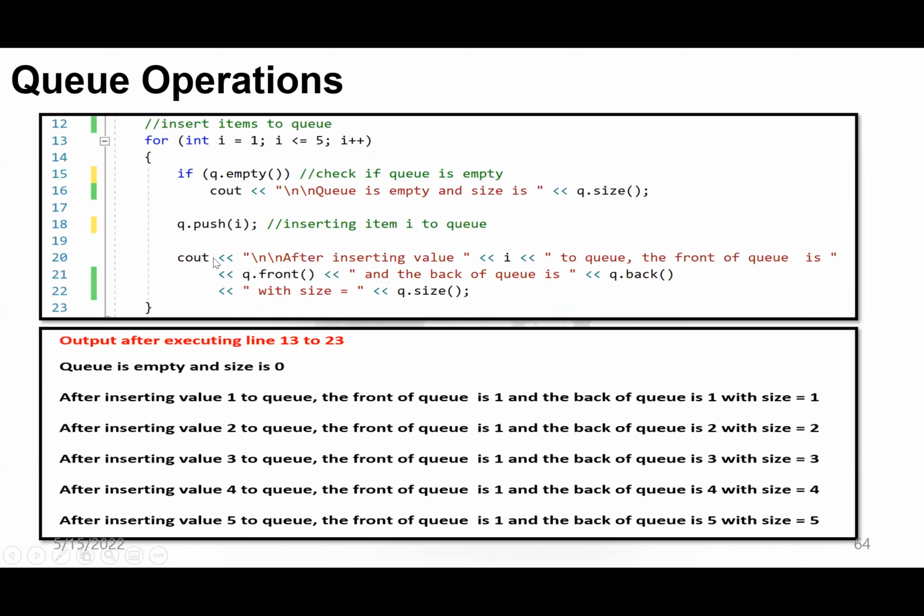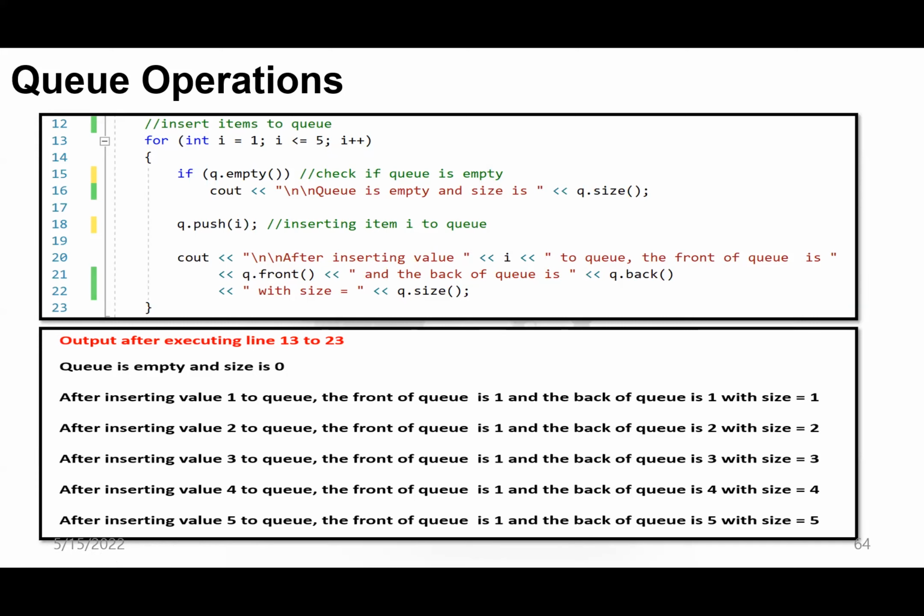After I insert this value i into the queue, we look at what is in the front of the queue and the back of the queue. For a stack just now, you can see that you have this function called top. When you call it, it returns the top item in your stack, which is the last item that you inserted.